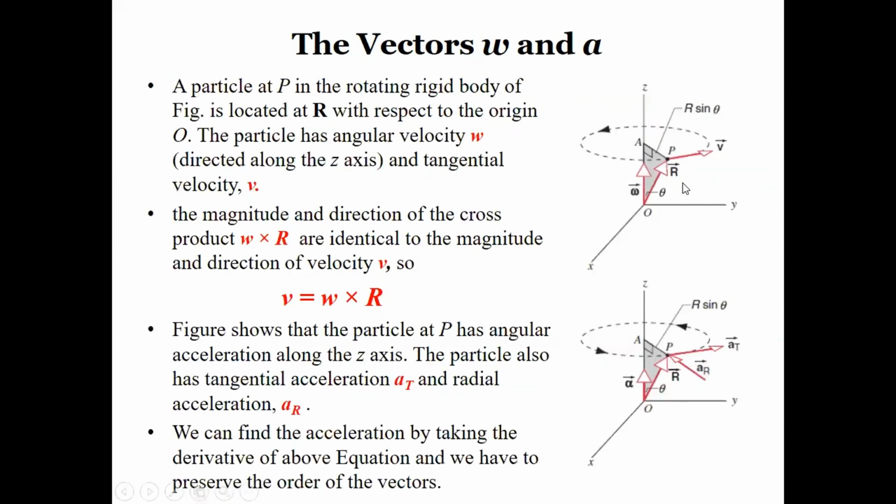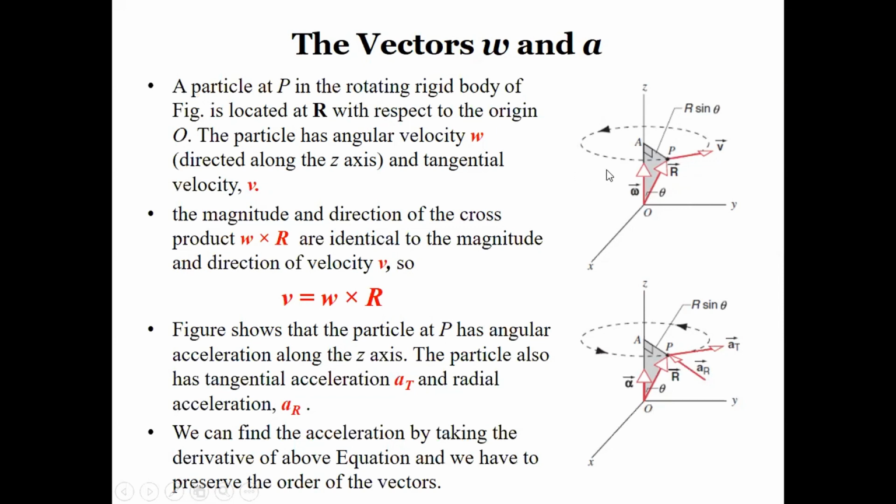So if we look at this picture, a particular point in a rotating rigid body, for example point P, here is the P point. It is located at r vector from its origin, and the r sine theta is on that perpendicular plane.